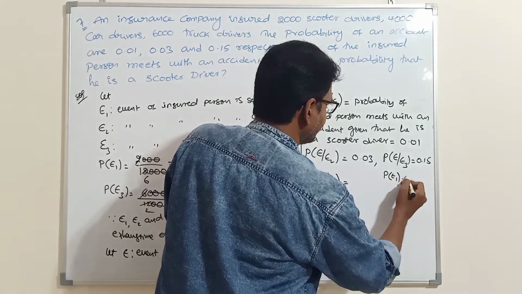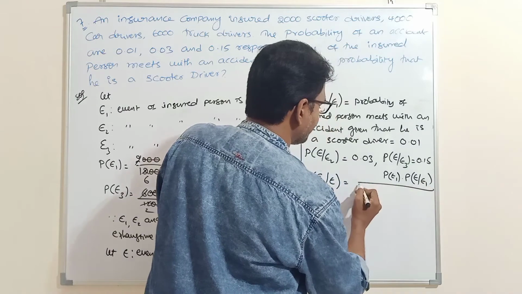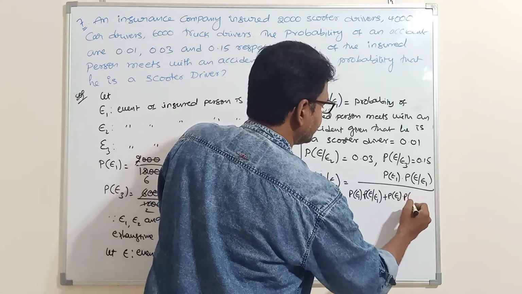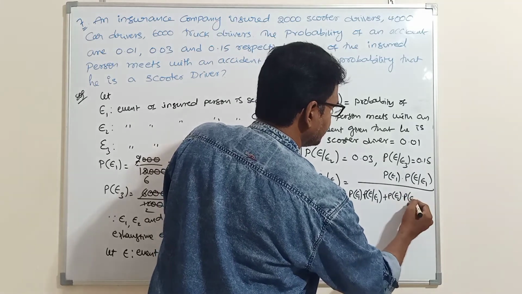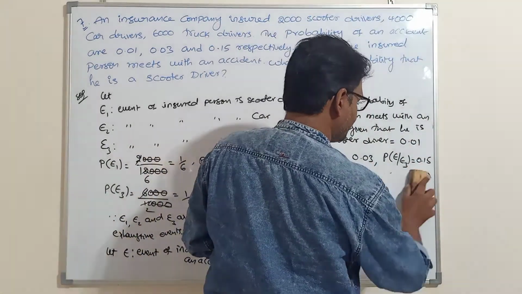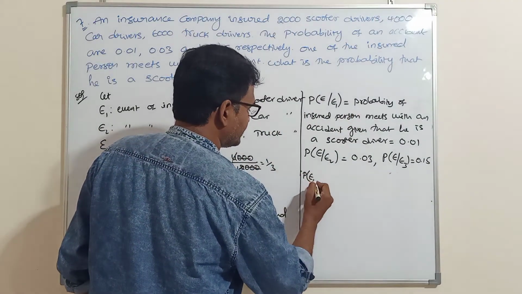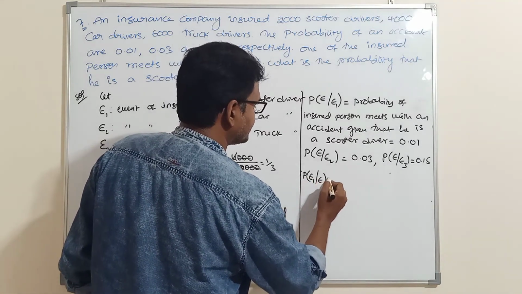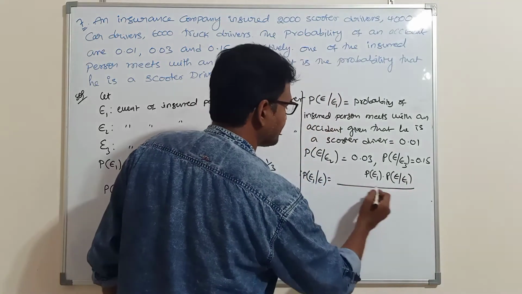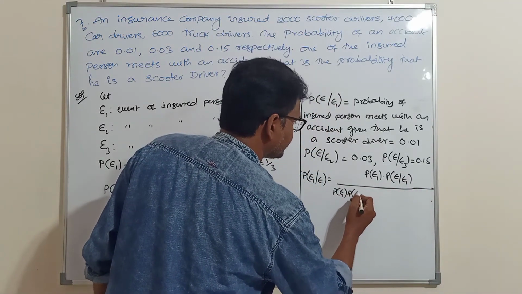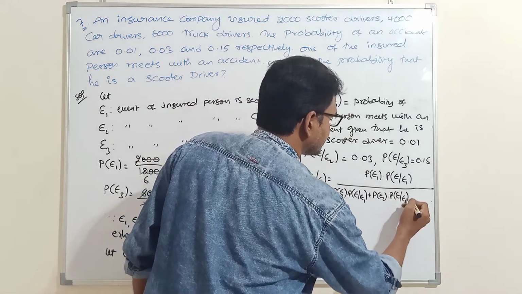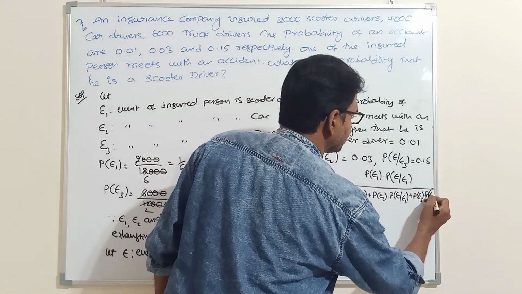P of E1 given E is equal to P of E1 into P of E given E1, by P of E1 into P of E given E1 plus P of E2 into P of E given E2 plus P of E3 into P of E given E3.